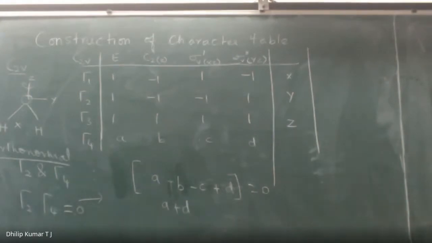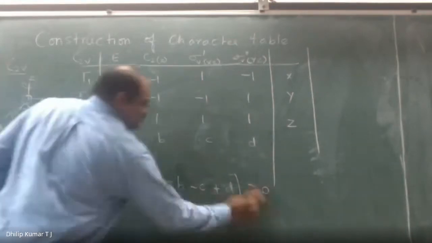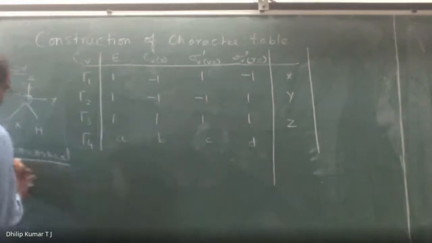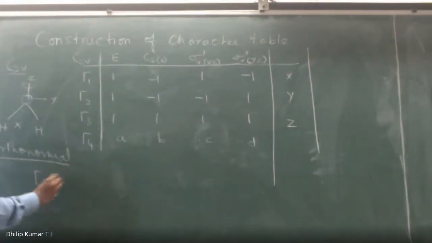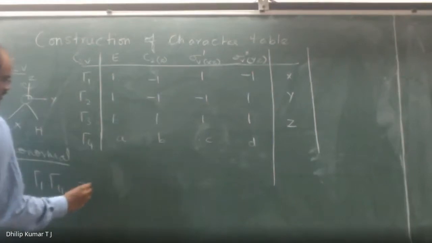Now let me do the other one. You can get this also, but let me do it as in my notes. Considering the orthogonality, I'm just taking the product of gamma 1 and gamma 4, which should be equal to 0.